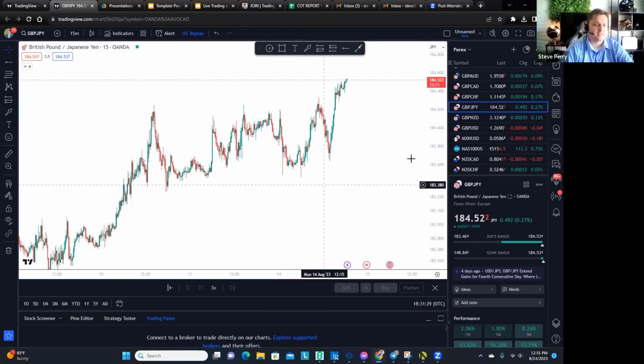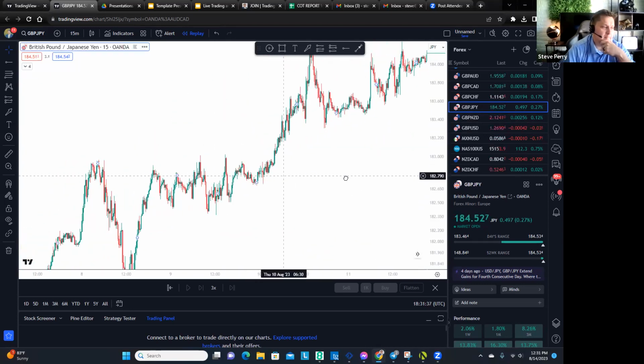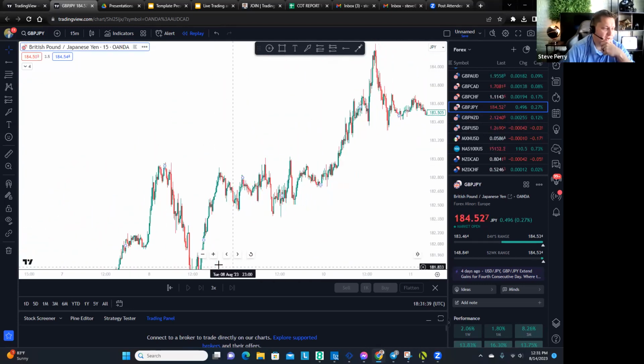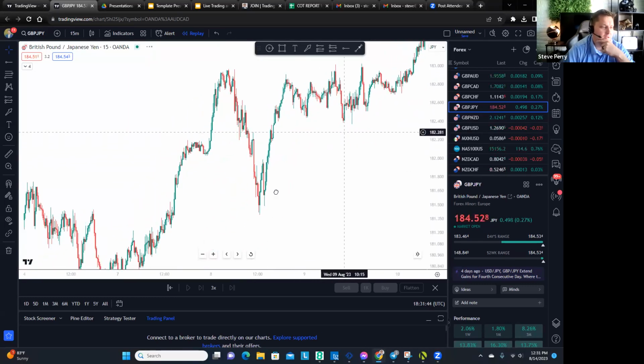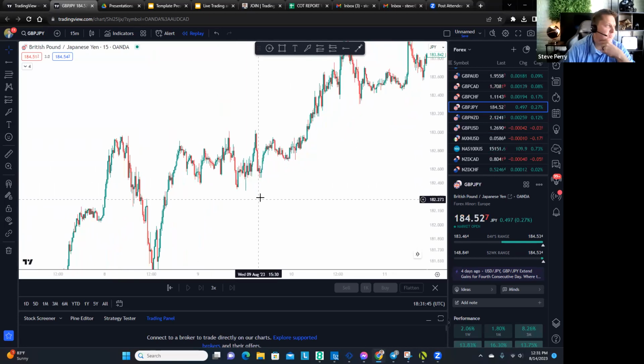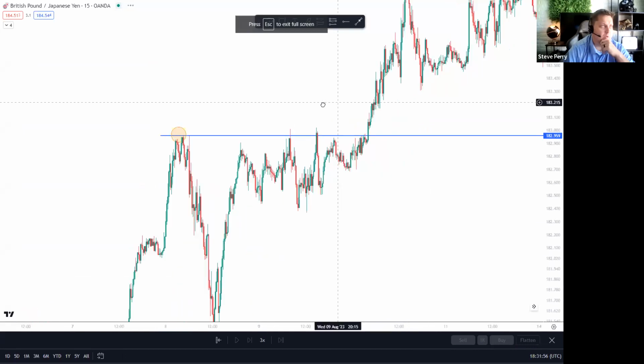So for example, one of the things that we've talked about recently is if you can find a break of structure, like let me see if I can find you one that hits the example I want to. It also depends on how robust it was. So for example, right here, this pound yen had a major resistance zone right here. Let's actually analyze this just as an example.